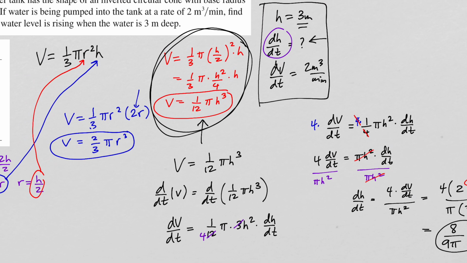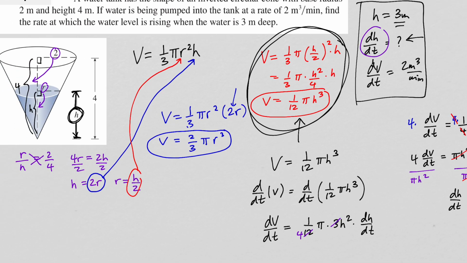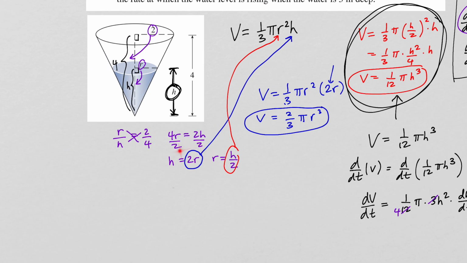So what's important to say here is that there are times when your formulas will involve more than 2 variables. In this case, there were 3 variables, but they will give you some information about the relationship between 2 of those variables, like over here we could figure out that the height is always twice the radius, for example.